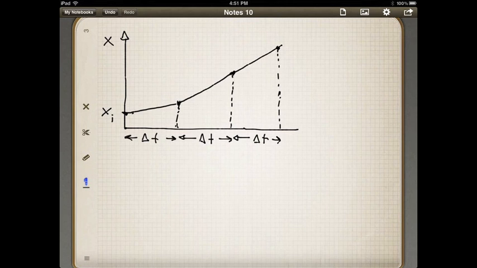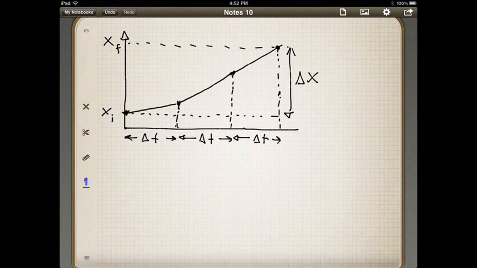Let's see what we can say about the total displacement of the object. The initial position was here, the final position is here, and the total change in position of the object I'm going to call delta x.